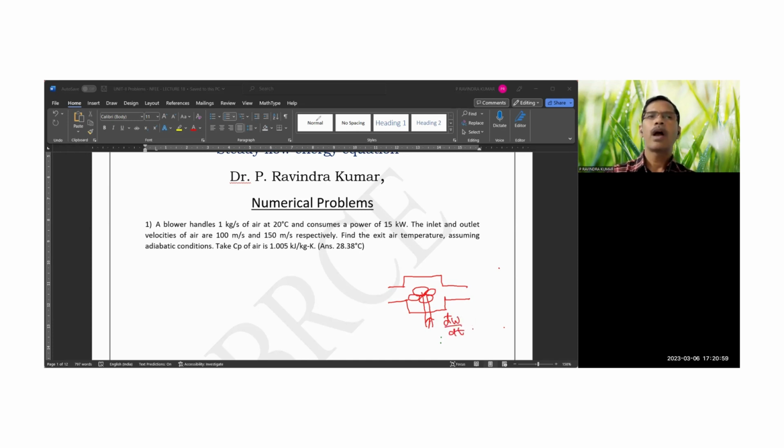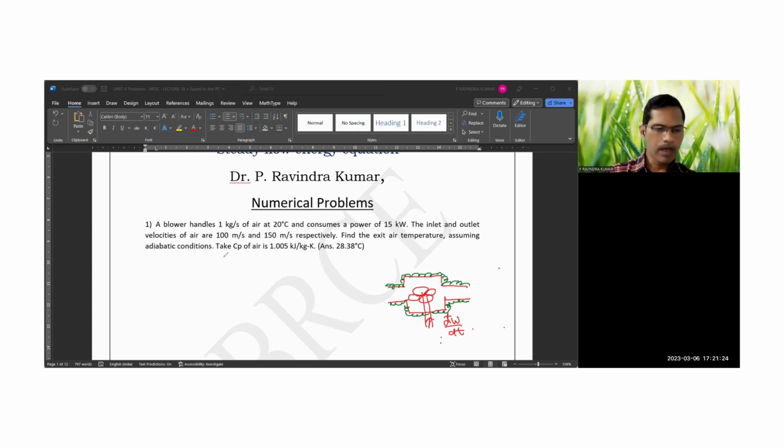And if it is insulated, this is the insulated part. If it is insulated, then how are you going to solve the case?